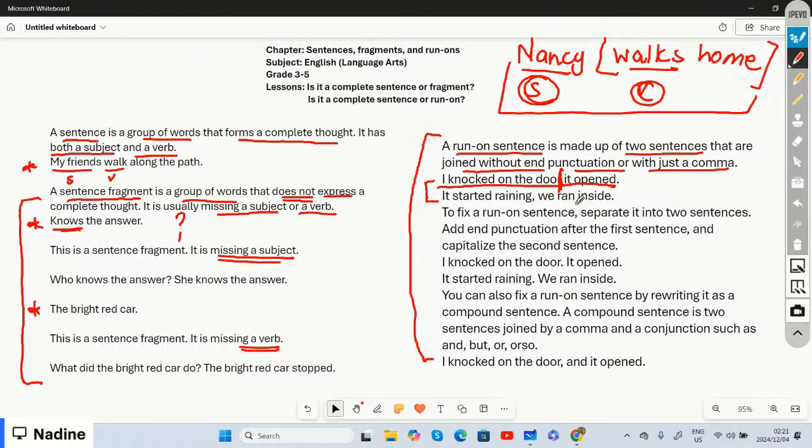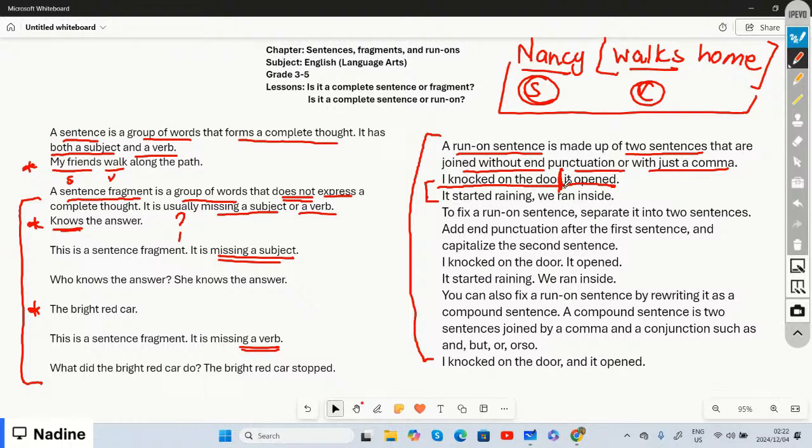And we call that a run-on sentence. In order for us to fix a run-on sentence, we can separate the two sentences, almost like I did here.